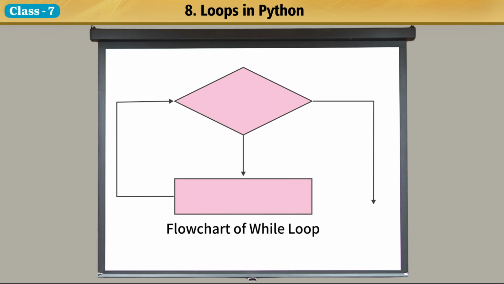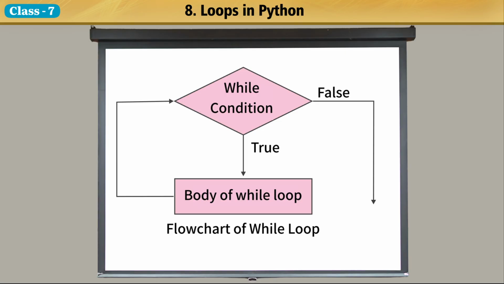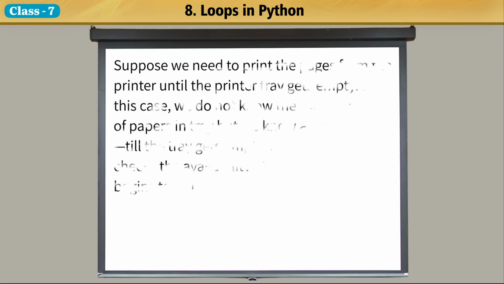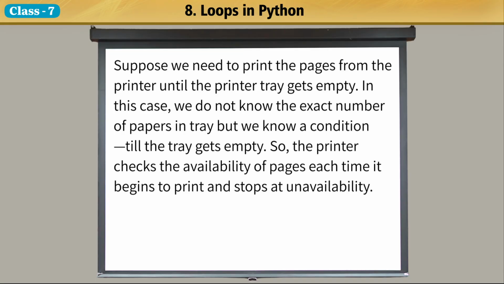Flowchart of while loop. While condition. True: body of while loop. False: exit loop. Suppose we need to print the pages from the printer until the printer tray gets empty. In this case, we do not know the exact number of papers in the tray, but we know a condition: till the tray gets empty.